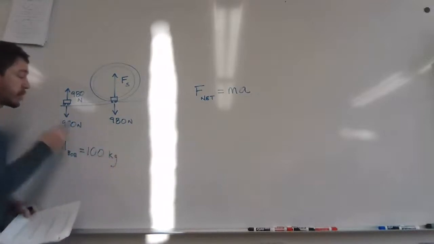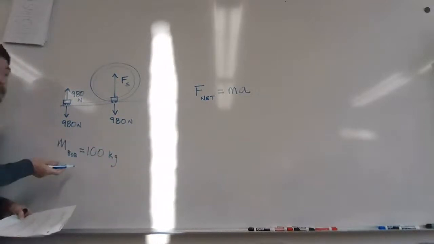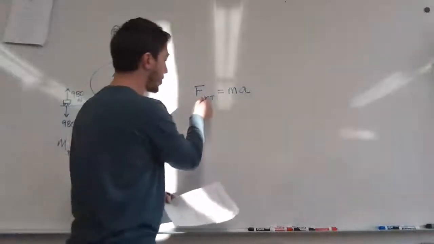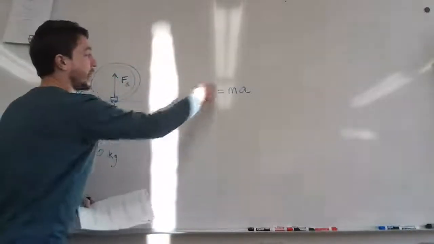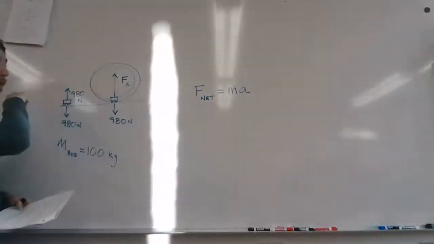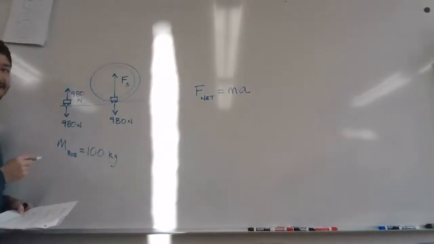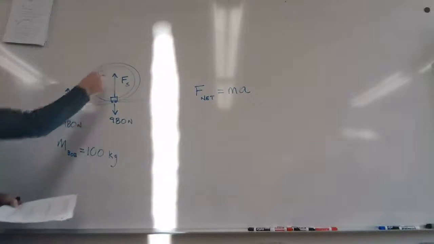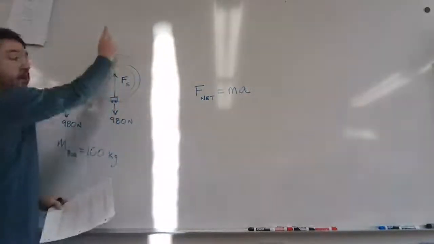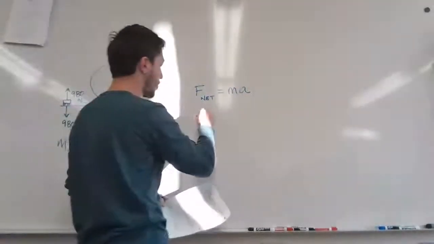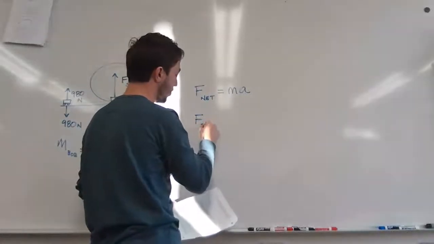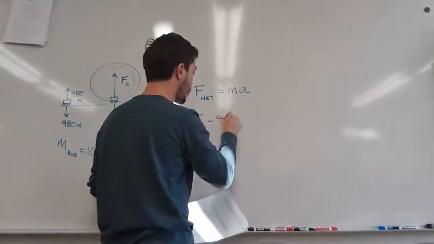So you can use this initial reading to infer his mass, which you're then going to use over here, because what will I replace this F net term with? Is it this minus this, or is it this minus this? It's the first one I said, so this is my positive direction. Up is positive. What does the F stand for? Force from the scale. You can call it normal force if you want.